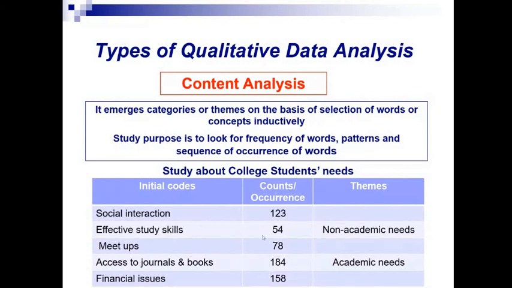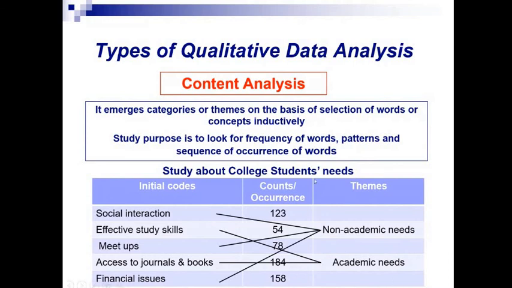Given that you already have your initial codes, you then realize that these codes can again be grouped together. In this case, you can group social interaction, meetups, and financial issues under the theme of non-academic needs, while effective study skills and access to journals and books are considered the academic needs of college students.